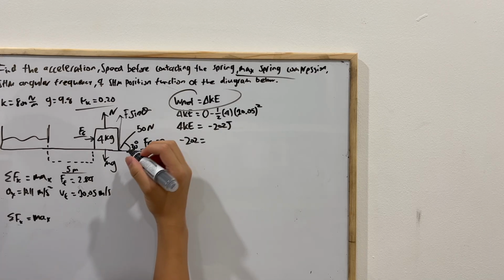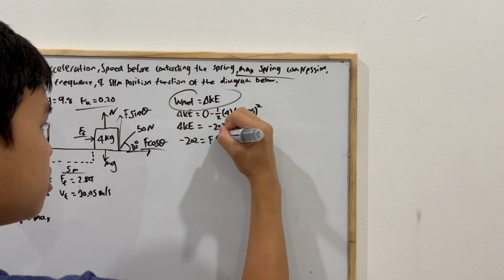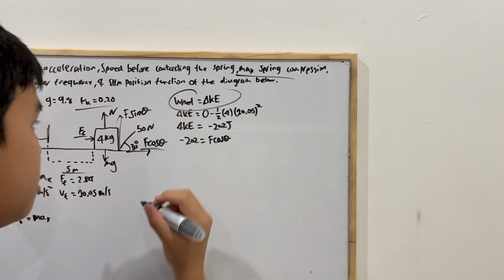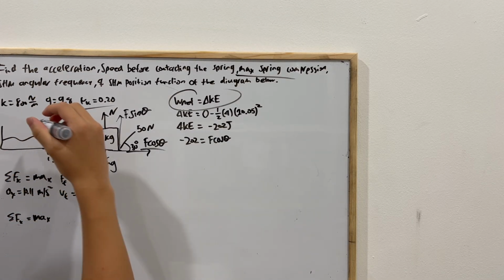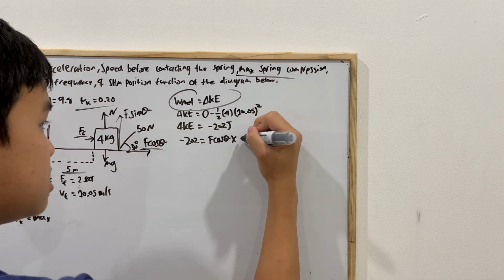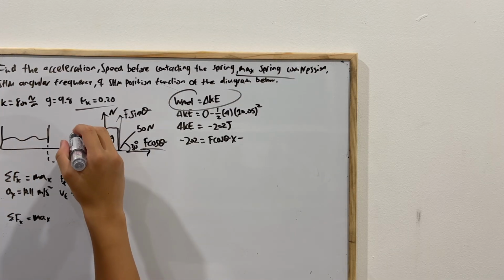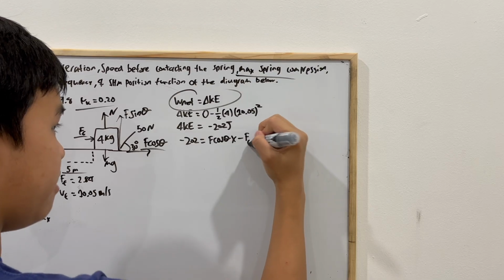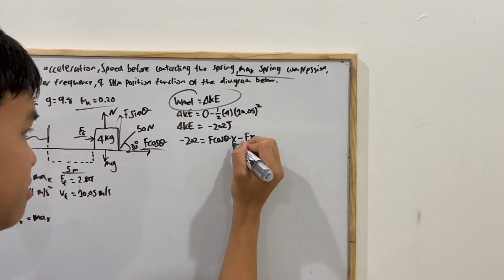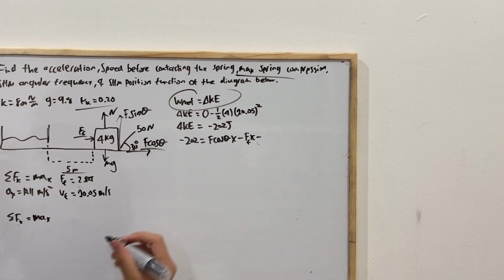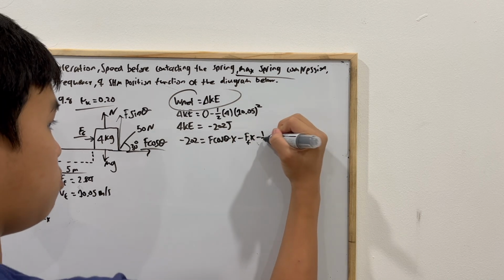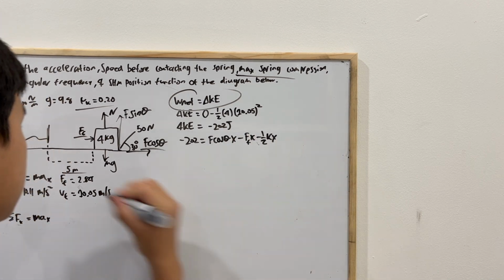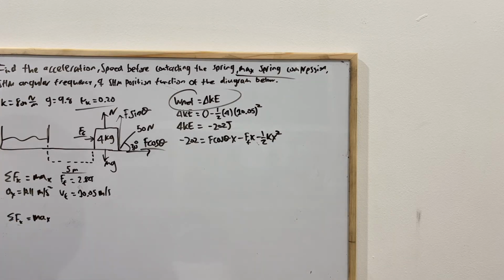What work is at play here? We have F cosine theta times our displacement, which I'm going to call x, minus the force of friction times x. Finally, we have the work of the spring, which is negative 1/2 kx squared because it's compressed. Let's figure out these values.